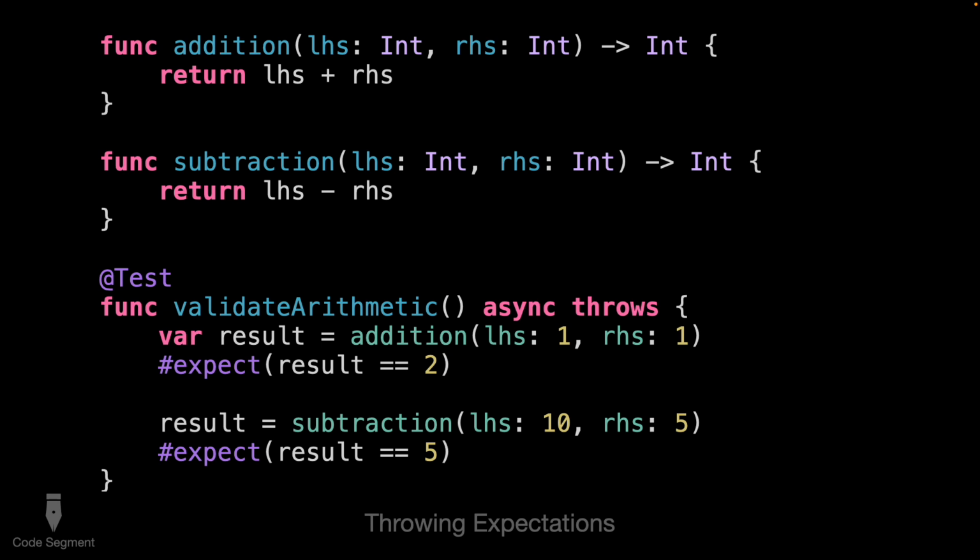Lastly, you can have throwing expectations. We talked about this before, or I briefly mentioned it earlier, where you can expect a function to throw. Now, my example here is poor because I'm going to put the throw inside of the subtraction function, which is a bad choice because during the arithmetic calculator assignment, you were actually asked to make the division function throw if the user passed in a 0 as the divisor.